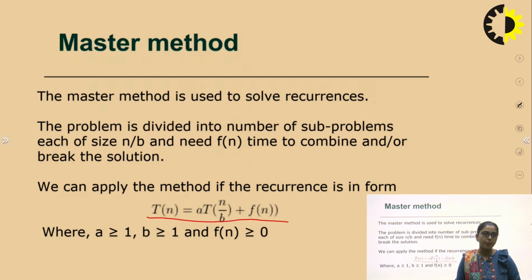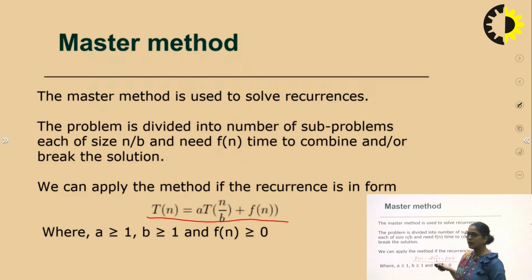This is very, very important. If our recurrence equation is in this form, T(n) equals a T(n/b) plus f(n), then and only then can we apply the master method, where the values of a and b are always a greater than or equal to 1 and b greater than 1.